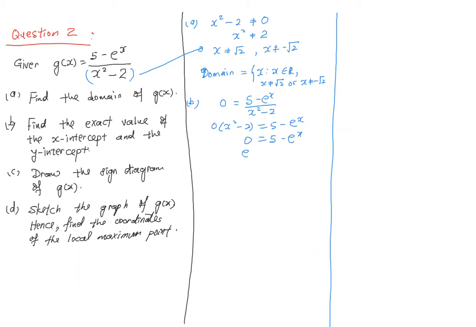So e to the power x is equal to 5. So what is x? Nicholas. Yes, teacher. x equals 1.6094. No, I want the exact value, Nicholas.